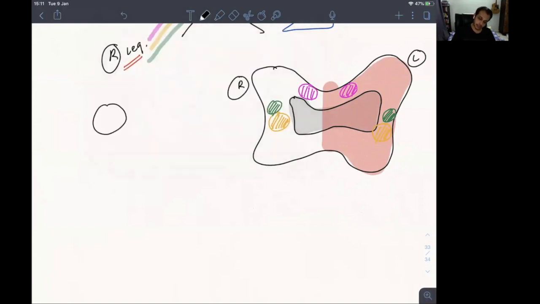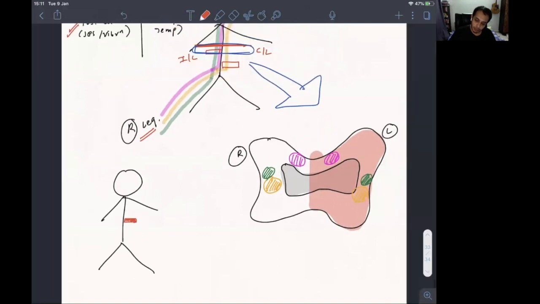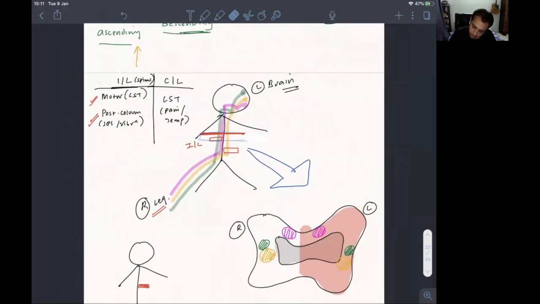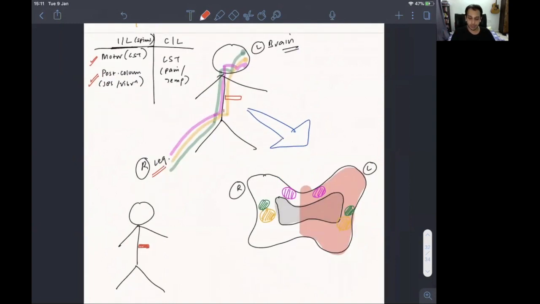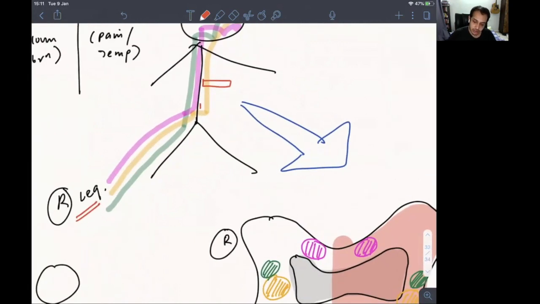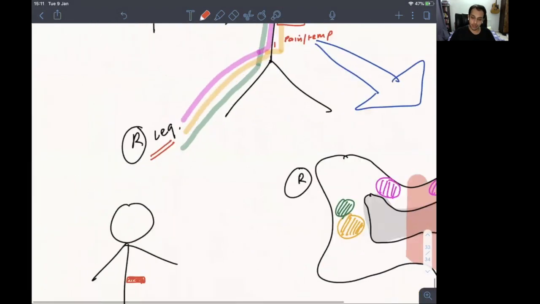Now, in this case, what will happen to the clinical scenario? So there is a lesion on the left side. Okay. Now, if you remember from this diagram, if there is a lesion on the left side, what all will be the clinical symptoms? Now, you can see that the orange one, which is the pain and temperature one, will be affected on the right.